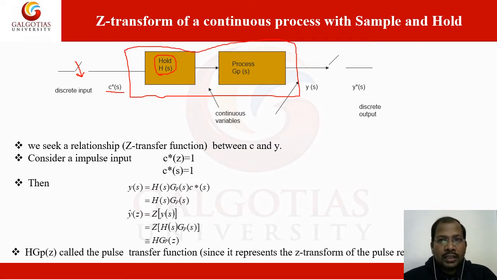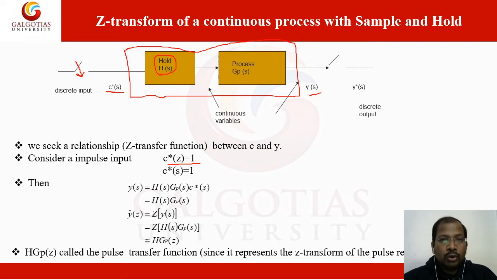Here we are going to develop a relation between output and input. Consider the impulse input C star of S equal to 1. That is the impulse input. Then what is the output?